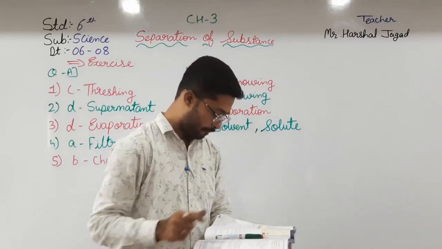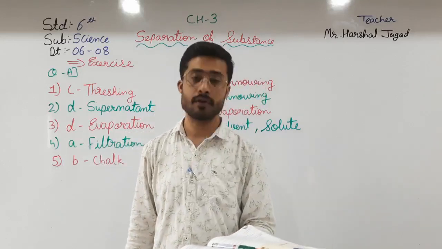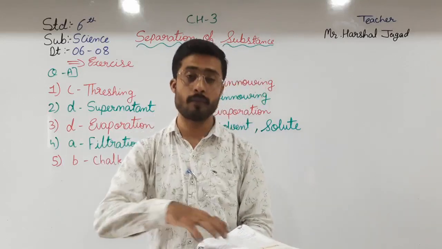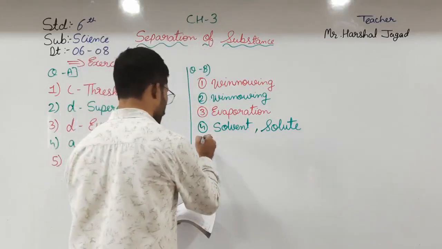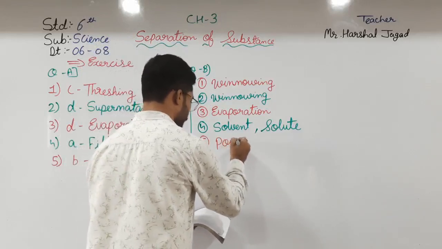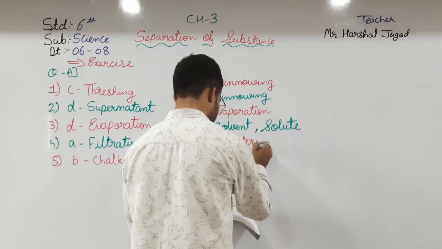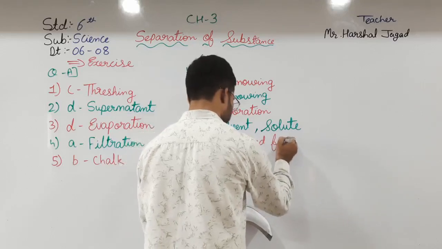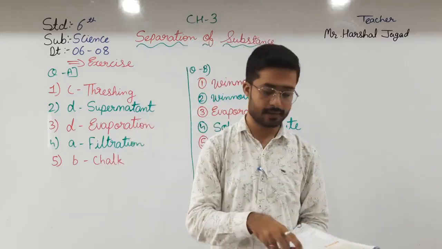Then the fifth one: sugar in the dash form dissolves faster, that is powdered form or crystal form. So here it will be powdered form. Okay students, please write down the answers over here.